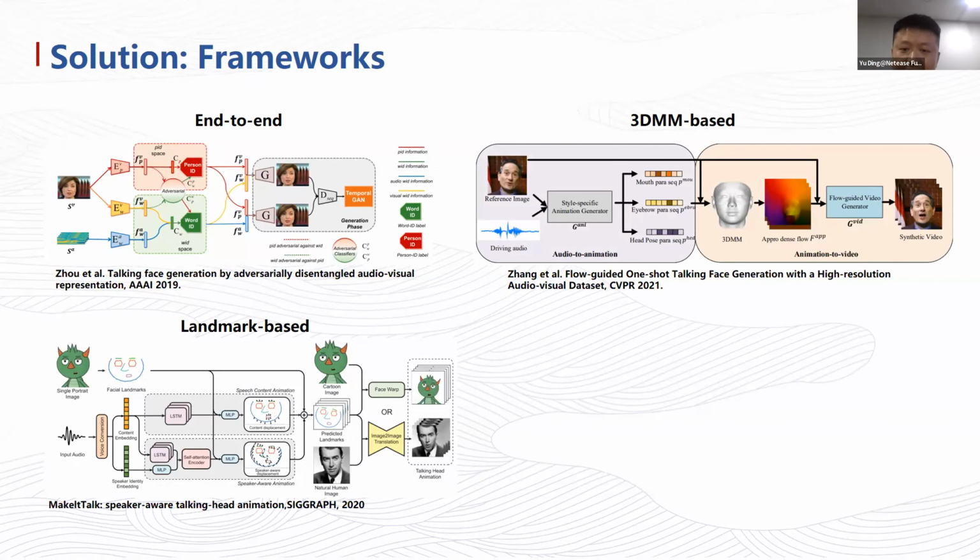And the third category is based on generating 2D landmark information, and then using this information to guide the video generation. The framework is very similar to the 3DMM-based ones. The basic idea is to generate expression parameters or 2D key points as intermediate signals, which is their common point.